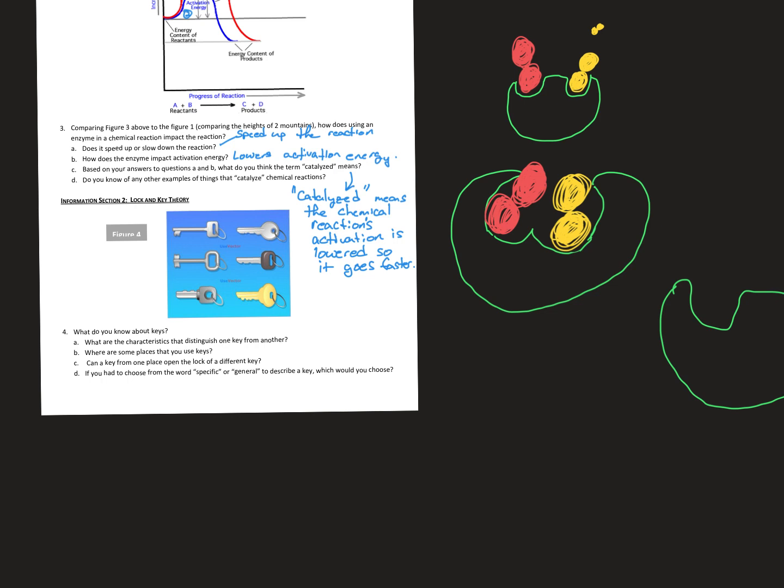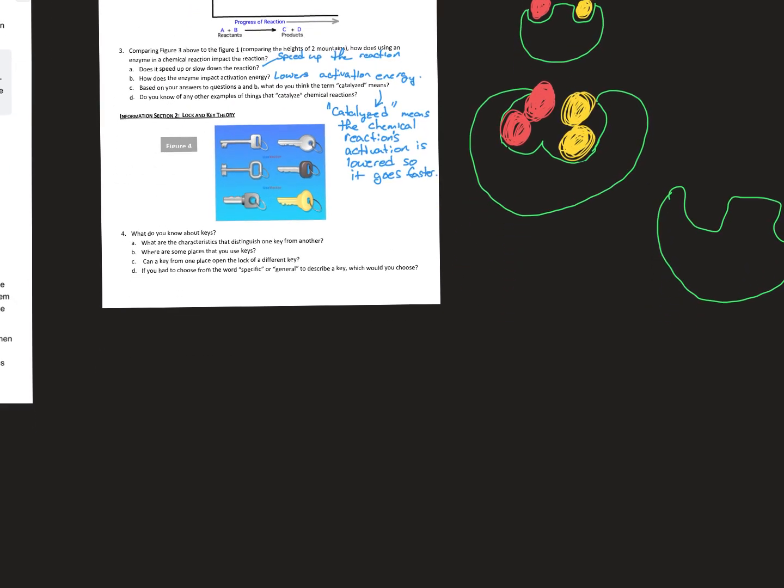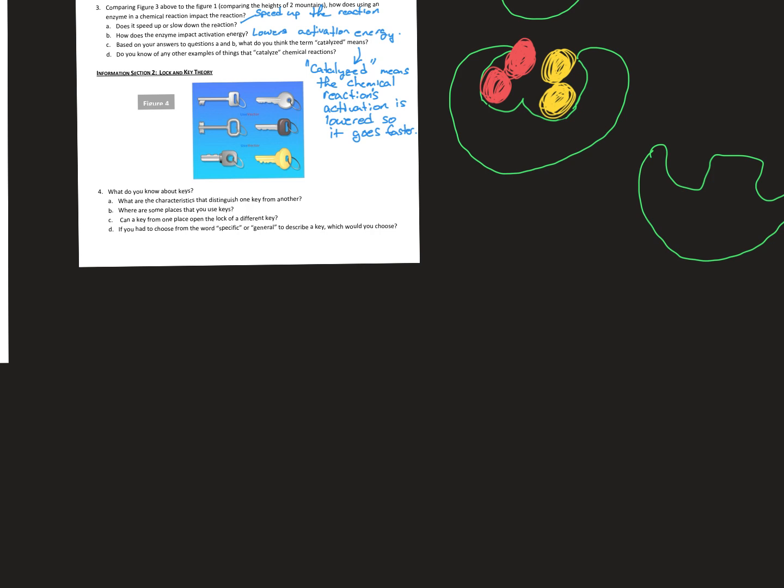So there are some keys, some enzymes, that can match up as a substrate to a family of substrates just because of the shape that the active site takes on.